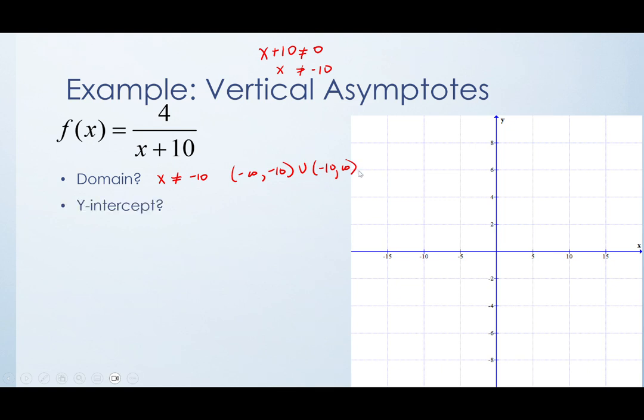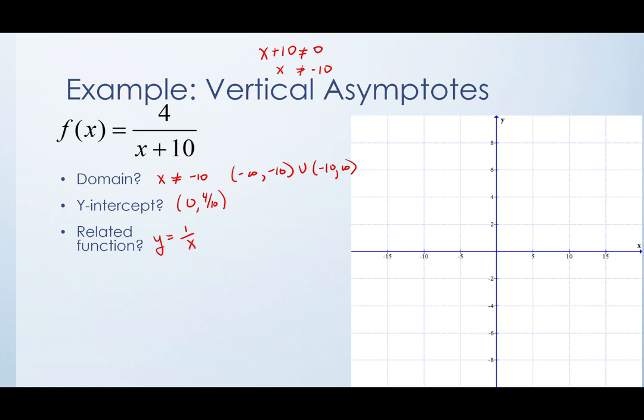Now, y-intercept. This one is pretty simple. So when x is equal to 0, y is going to equal 4 over 0 plus 10. So 4 over 10 or 2 over 5. We don't really care there. When we think about how we're going to graph this, our related function is just 1 over x.